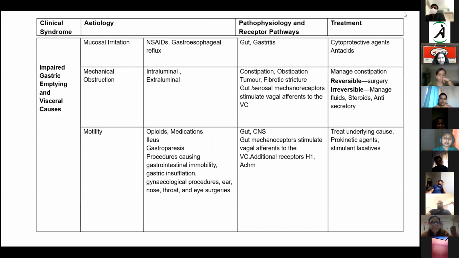Another topic is where we're looking at impaired gastric emptying and visceral causes, which would be either due to mucosal irritation, mechanical obstruction, or motility issues. Now, mucosal irritation is quite common when you see patients who are on active chemotherapy or have radiation-induced colitis, when radiation is being given to the abdominal area or for spinal metastasis.